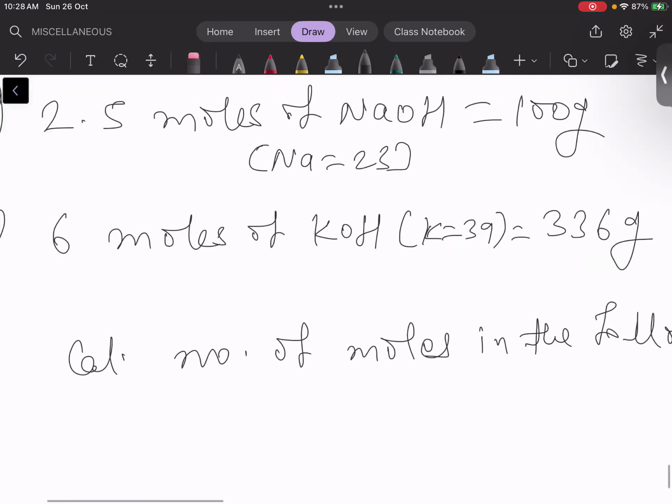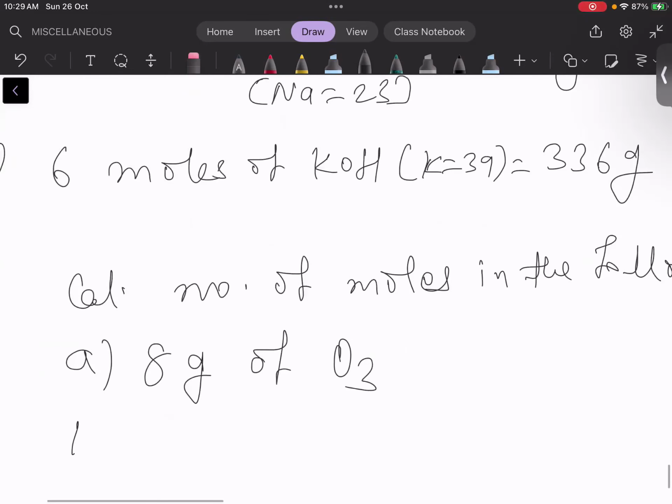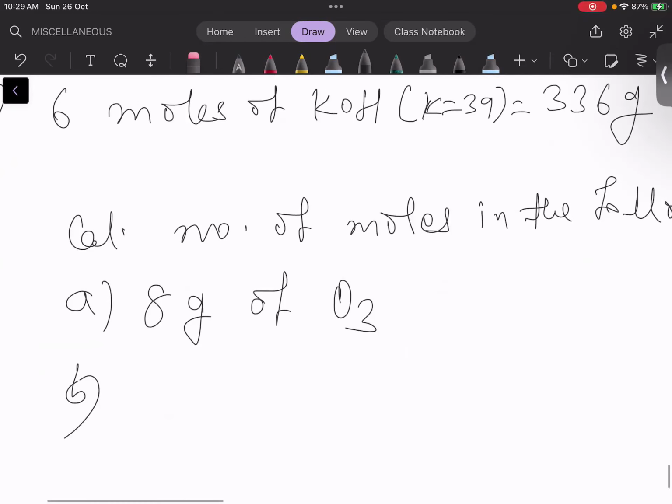First, 8 gram of ozone. Second, 17 gram of Cl2.